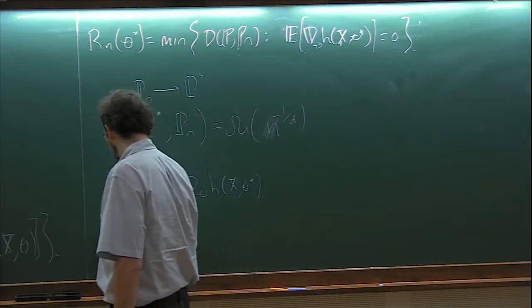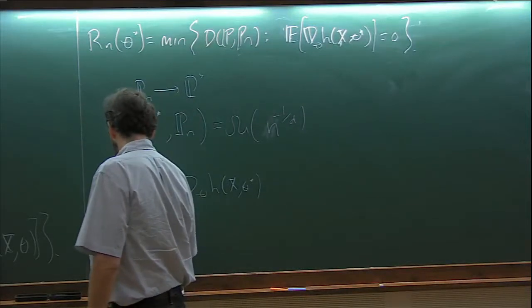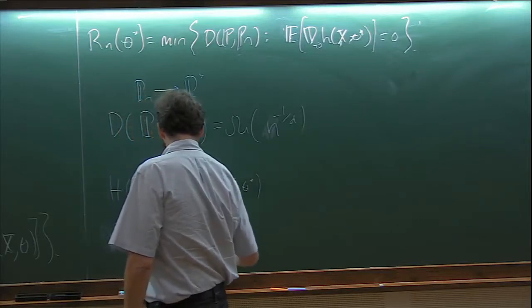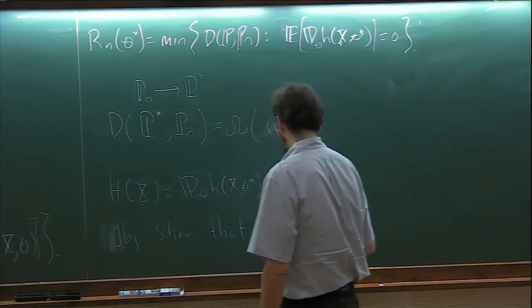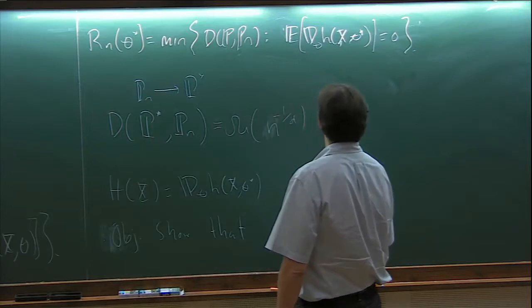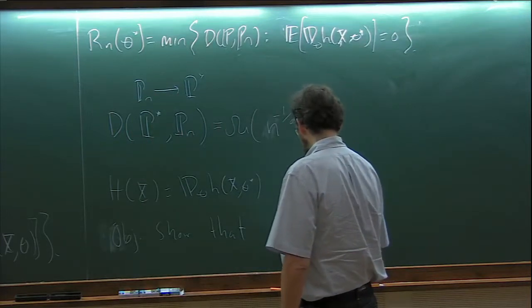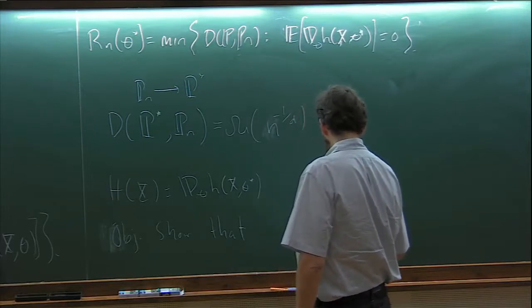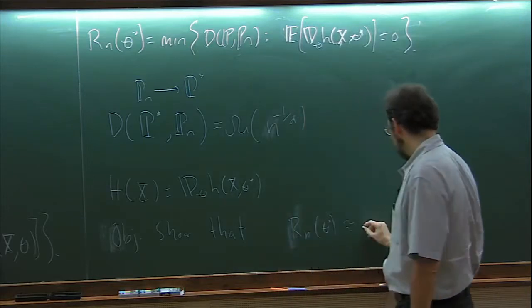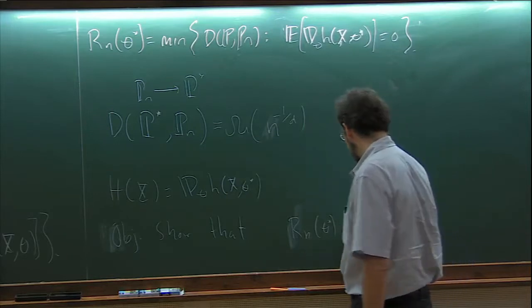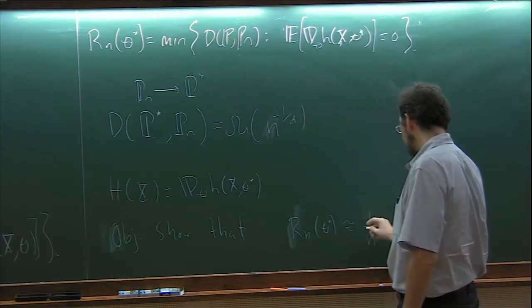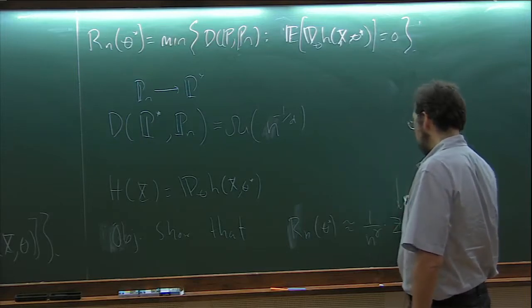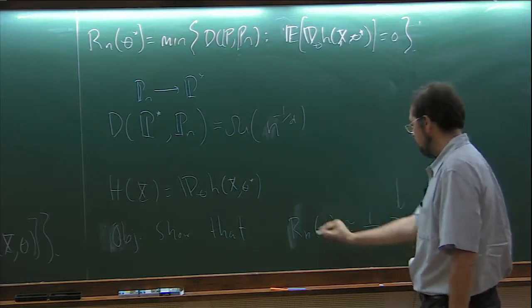So what I want, the goal or objective, is to show that n to the power rho, or that Rn of theta star, approximates some 1 over n to the power gamma. We are going to identify what gamma is, times Z, and we are going to identify which distribution that is. So this is the goal, right?